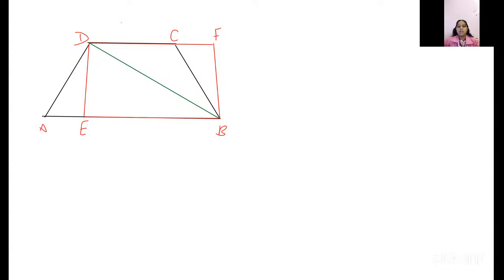Yes. Okay. So, if we take the area of this triangle and BCD, this triangle, we'll be having the area of the trapezium.